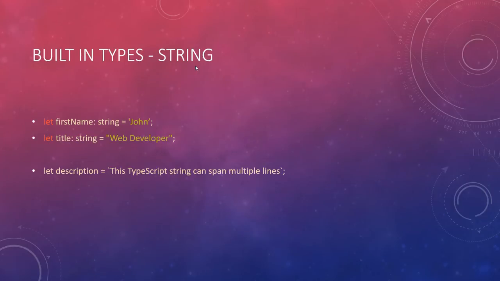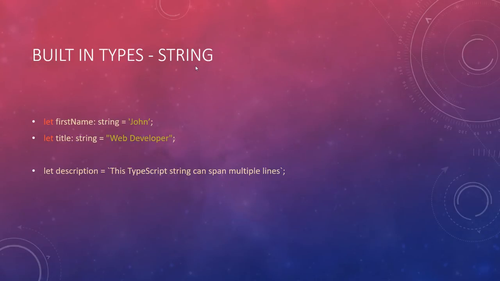Let's move to strings. Like JavaScript, TypeScript uses double quotes or single quotes to surround string literals. It also supports template strings that use the backtick to surround characters. I have given the example. There is a first name string declared in single quotes, and a web developer string declared in double quotes.